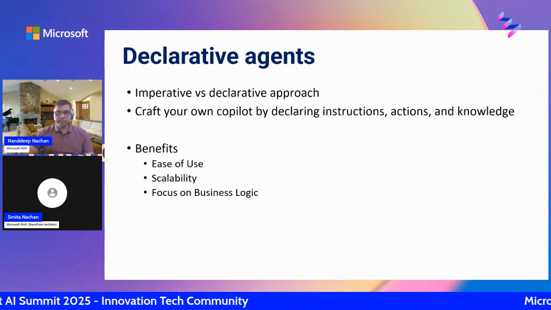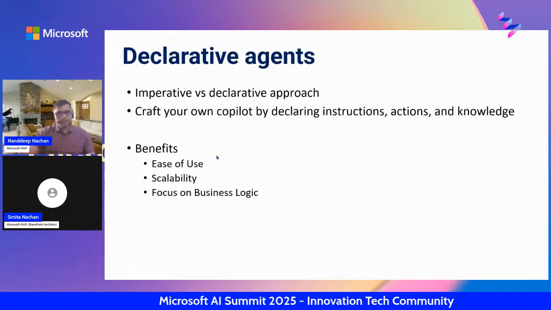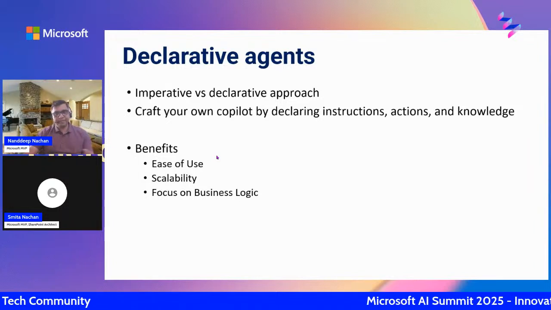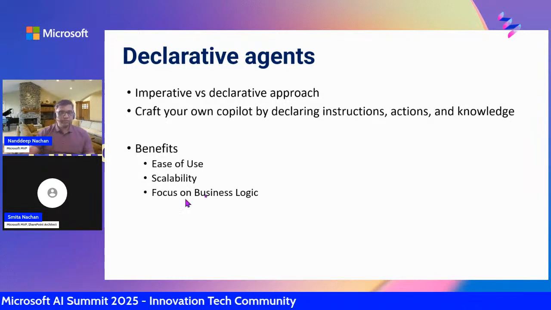And then there are various benefits. First, it is easy to use, because even business users or non-developers can define this AI behavior without deep programming knowledge, or even without any programming knowledge. It reduces the complexity by allowing users to specify what needs to be achieved instead of writing how it should be done.